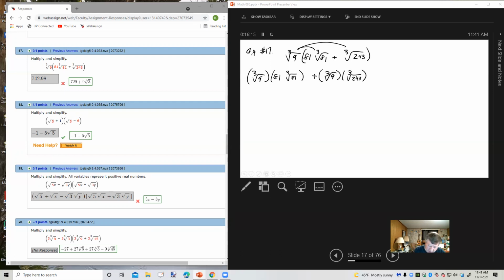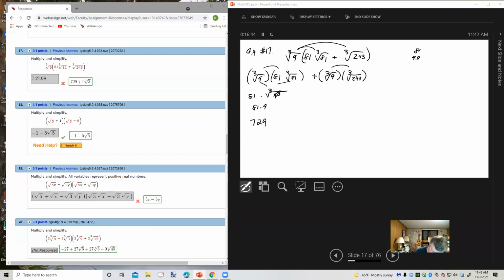Okay, let's see here. Well, 81 is 9 times 9. So if I put those together, I'm going to get 81 times the cube root of 9 times 9 squared, which is 9 cubed. Okay, so I get 81 times the cube root of 9 cubed, which is 9, and this is 729.